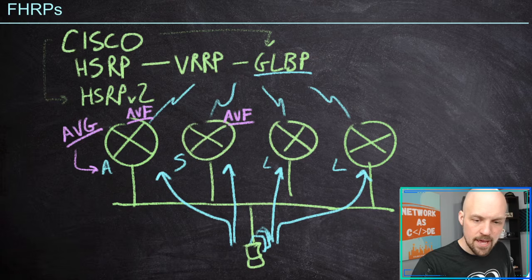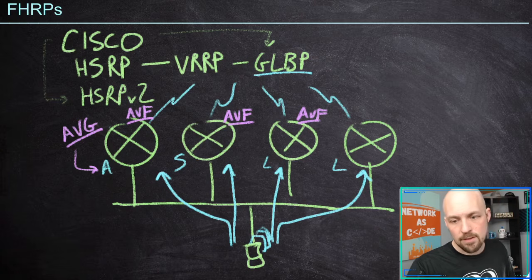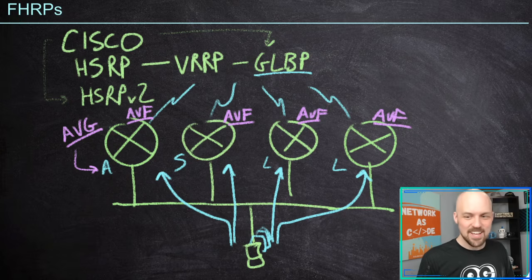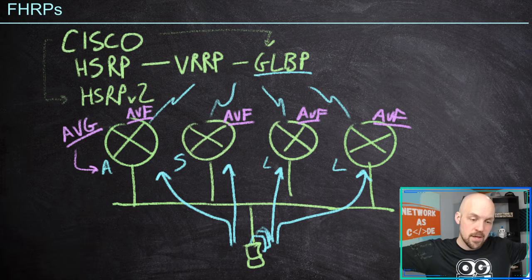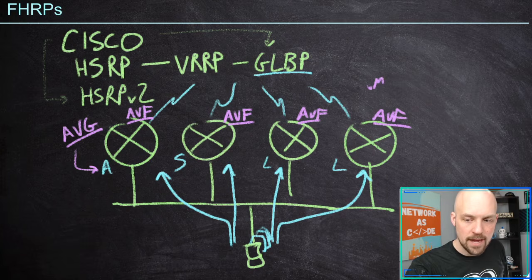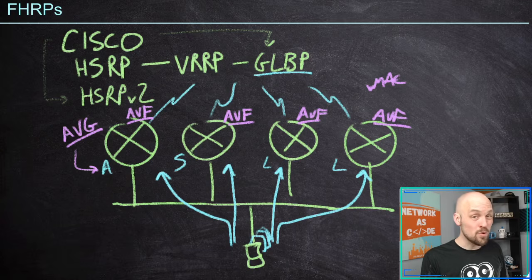AVF, AVF, AVF, AVF. So the active virtual forwarders are the ones that are capable of receiving traffic from the network and sending it upstream. These AVFs are running virtual MAC addresses. Each one has its own virtual MAC address, so that's important. Every AVF has its own virtual MAC address.